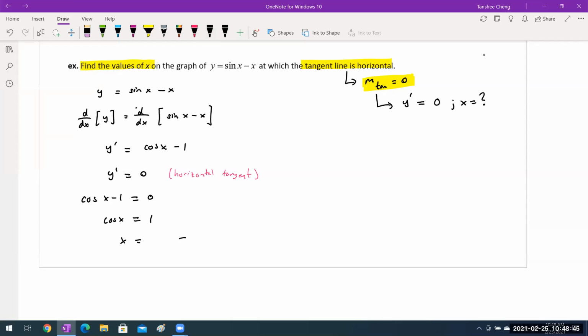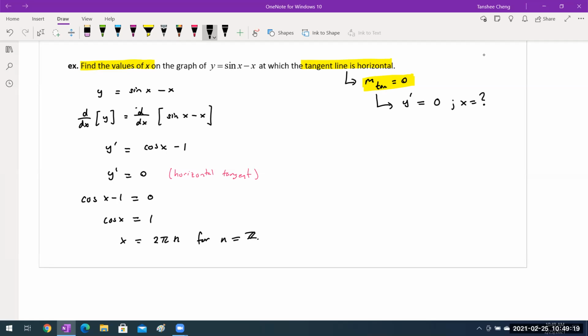So therefore, in general, cosine equal to 1 will be x equals 2 pi n. Every 2 pi, we get that. So this will be my final answer. All the x values that are 0, 2 pi, 4 pi, 6 pi, or negative 2 pi, negative 4 pi, and so on and so forth, will give us that, for n an integer. We need to indicate that.